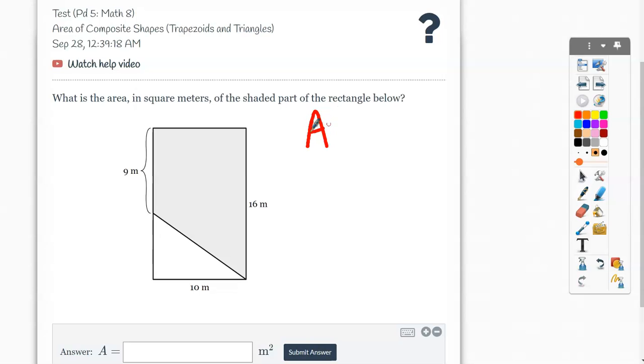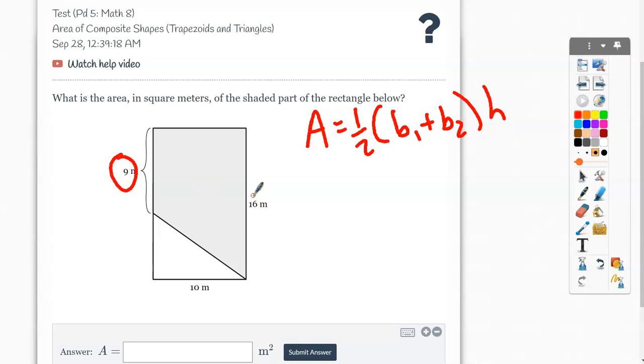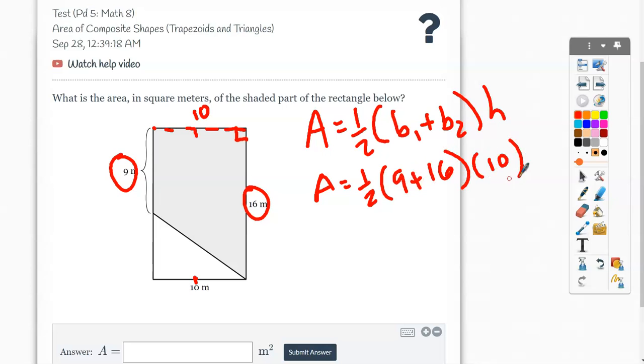So half the base times the height, base 1 plus base 2. And it looks like our bases are 9, 16, and the height over here is going to match the height over there. So the height is 10. So half of 9 plus 16 times 10. Area is half of 25 times 10.